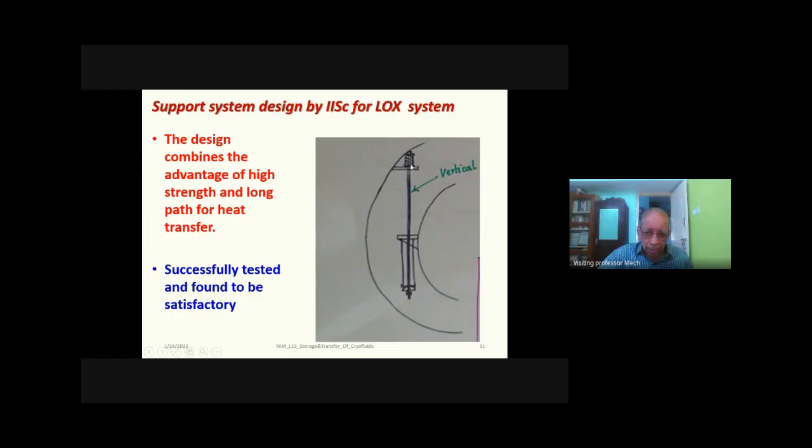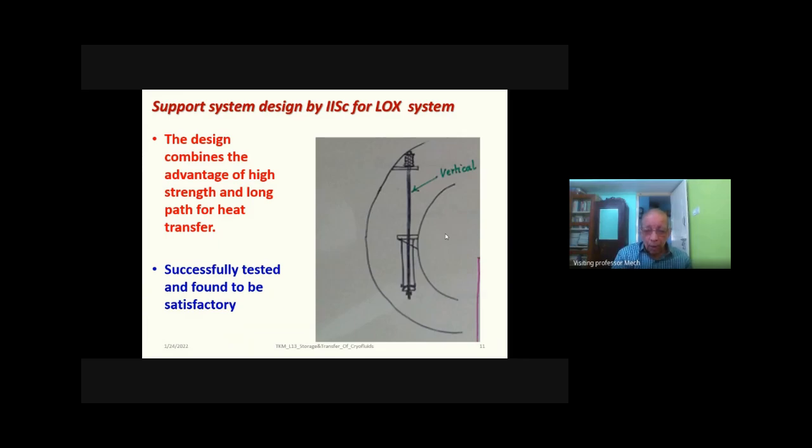So the heat transfer path is from here to the swelling nut, then to the pipe, and then to the inner vessel. The path length is fairly long in such cases. These sorts of support systems have been successfully utilized on the liquid oxygen storage units which were developed at our department at IAC, and they were successfully tested.